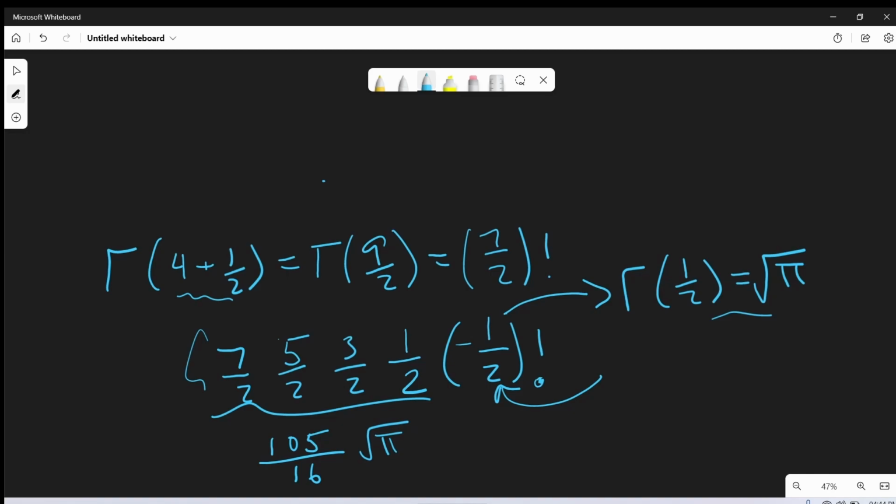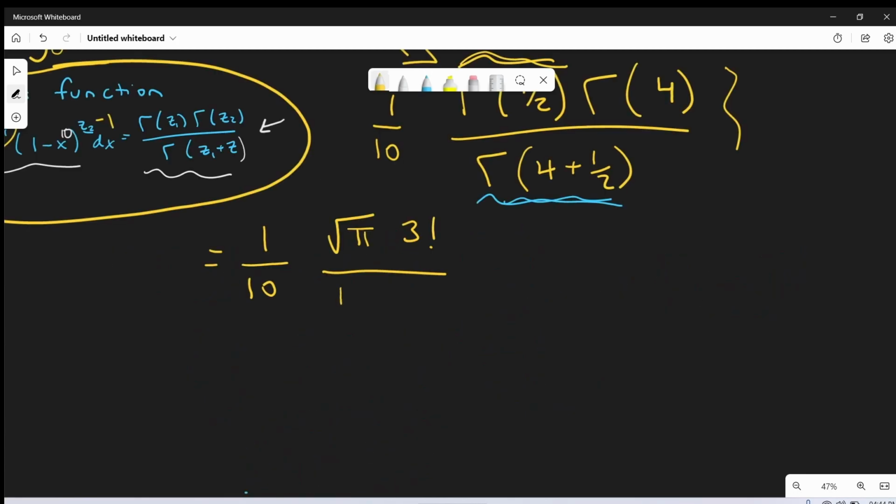Let's go back to what we were evaluating and plug this in. So here we are. We're going to plug in 105 over 16 square root of pi. But because the 16 is in the denominator here, I can bring this up to the numerator, just using fraction properties. And the nice thing here is we already have a square root of pi here.